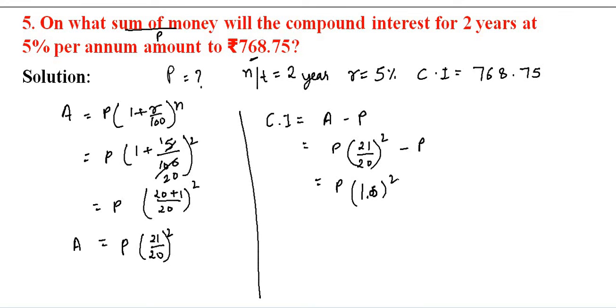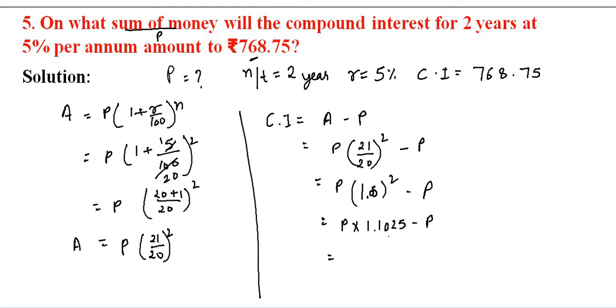Find out its square. Then minus P. Find out the square of 1.05. Pause the video and find out. It will be 1.1025 minus P.